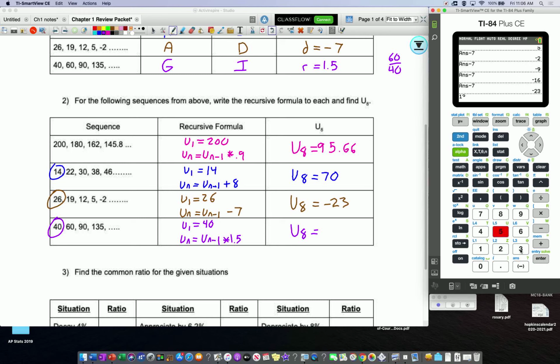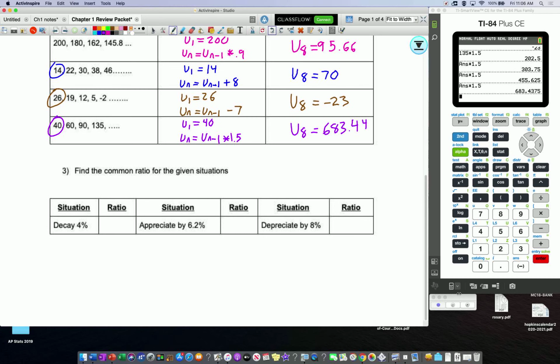Times it by 1.5. That's the fifth term. Times it by 1.5. Sixth term, seventh term, eighth term. Yeah, you don't have to do it so many times. That might have been a little faster. Oh, that's kind of smart. Some of you were already probably half a step ahead of me with that. All right, just like that, 2 problems done, a bunch more to go.